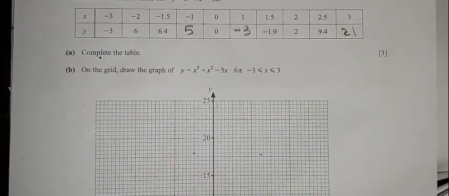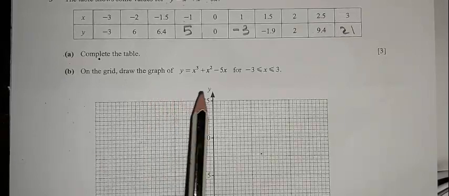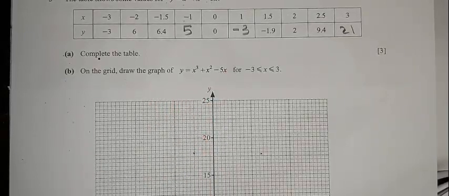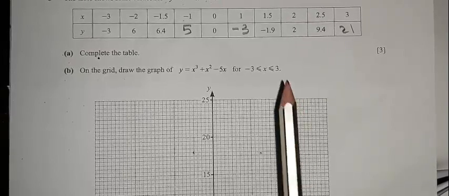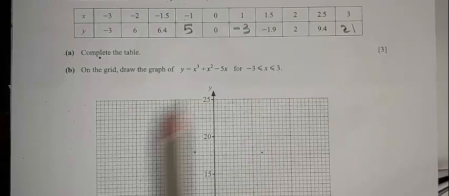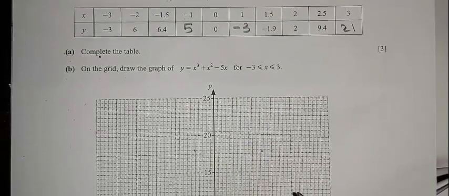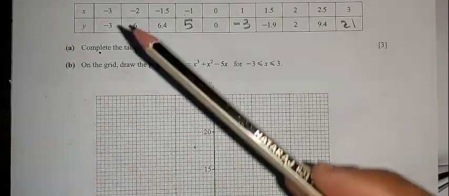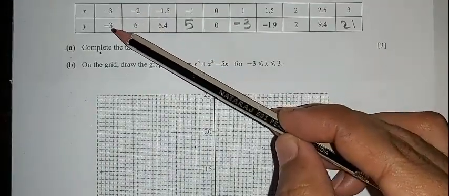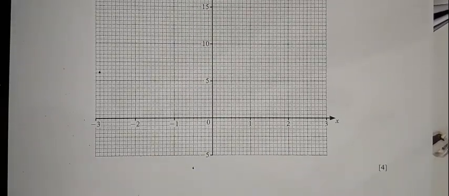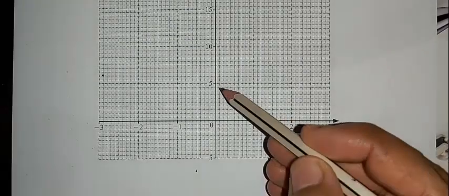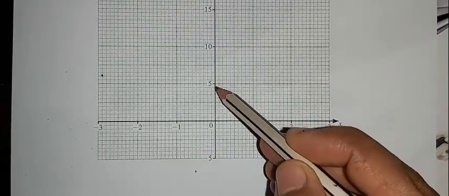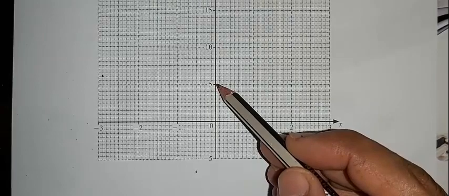In part B, draw the graph of y equals x cubed plus x squared minus 5x for the interval from -3 to 3. Okay, we have the values here, -3 and -3. Here's this big square with value of 5.